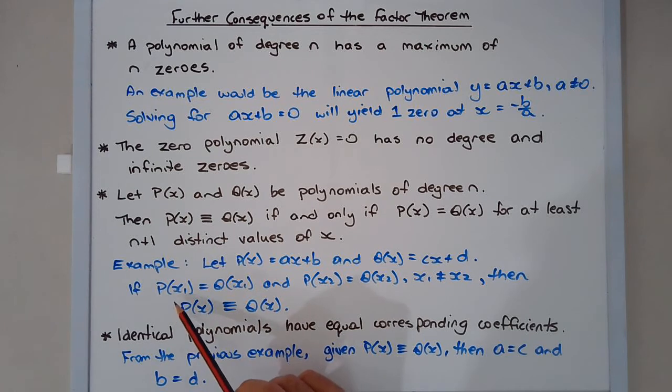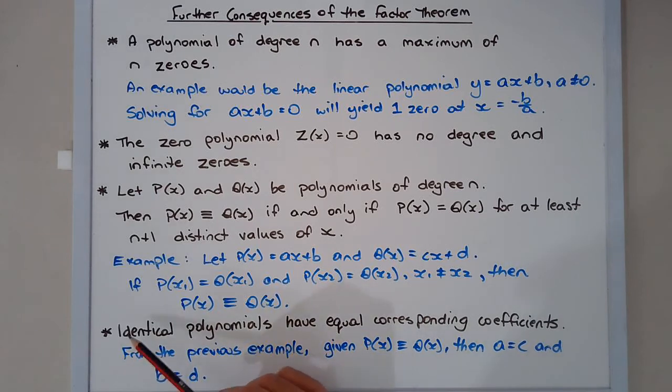Now if p of x1 equals q of x1, so x1 is one value of x, and p of x2 equals q of x2 for another value of x, where x1 is not equal to x2, so they are distinct values of x, then we can say that the polynomial p of x is identical to the polynomial q of x. So we can substitute any value of x that we like, and the value of p of x and q of x at that value of x will be the same, or will be equal.